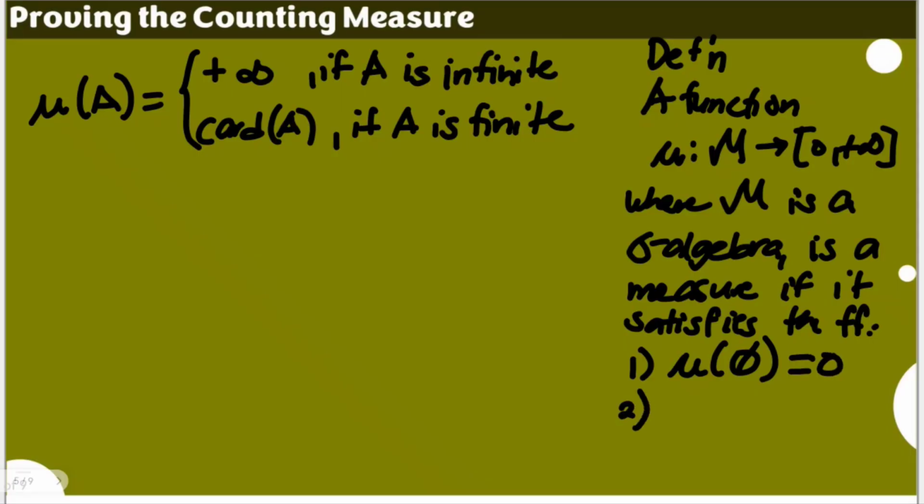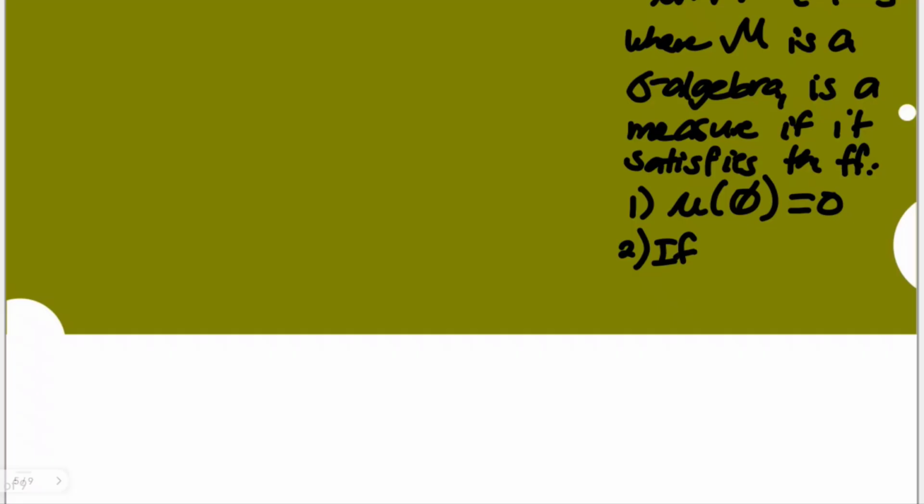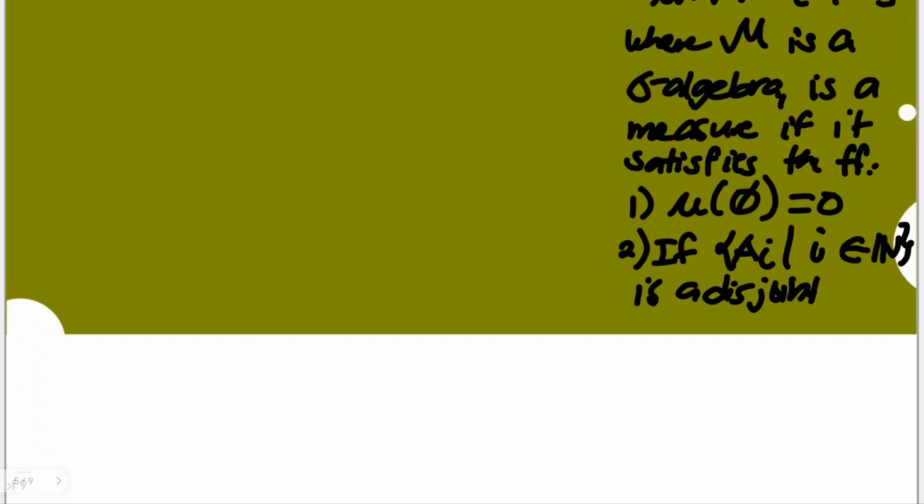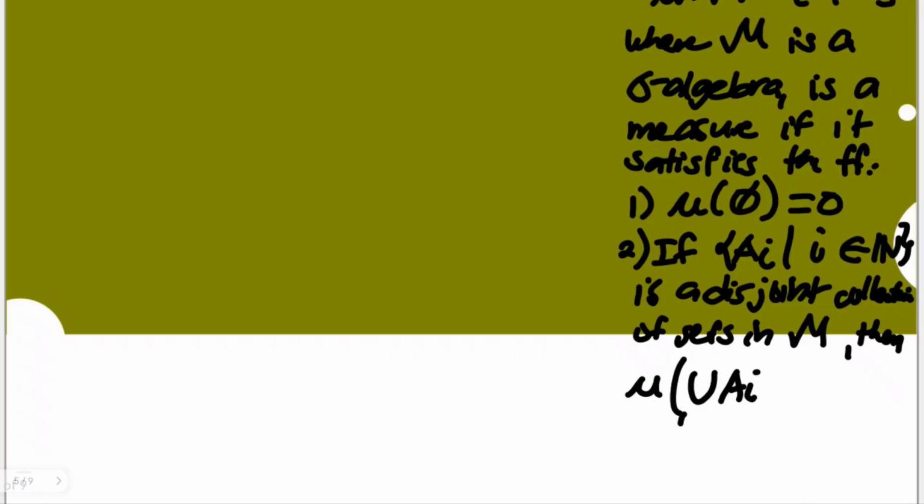And the second is, if we have a set of A sub i for i in the natural numbers that is a disjoint collection of sets in script M, then the mu of the union of all A sub i, where i starts from 1 to infinity, is equal to the summation of the measure of each A sub i for i from 1 to infinity.